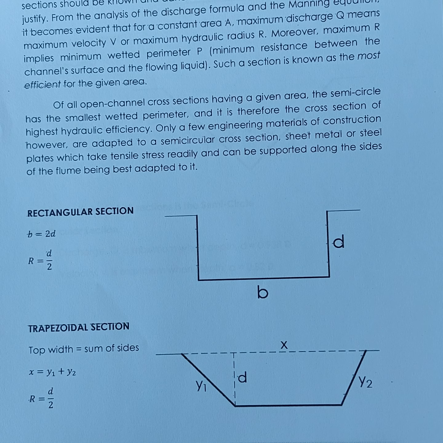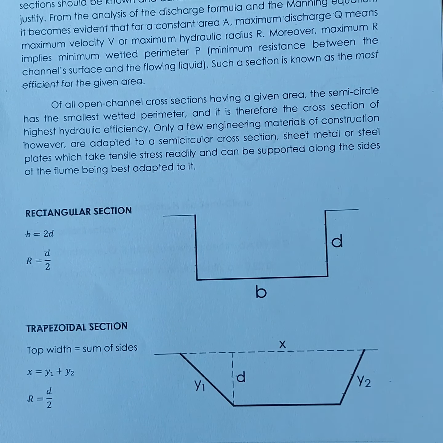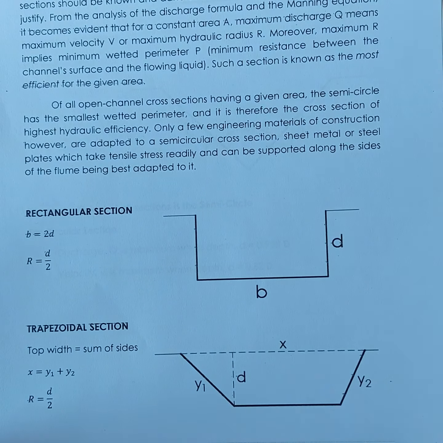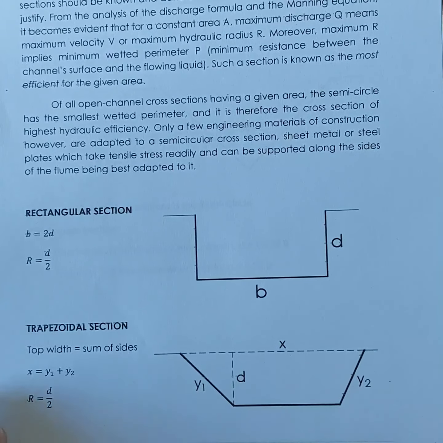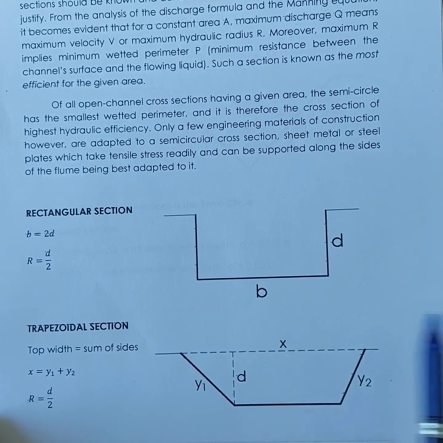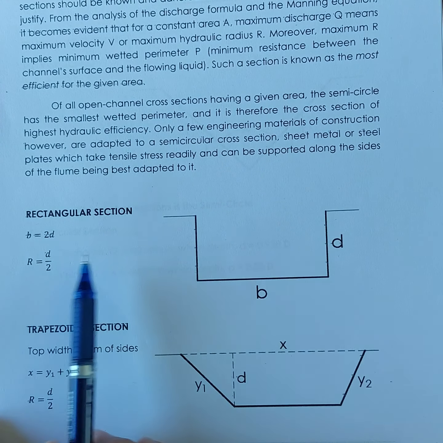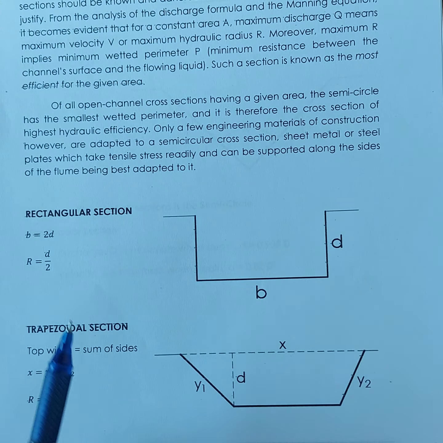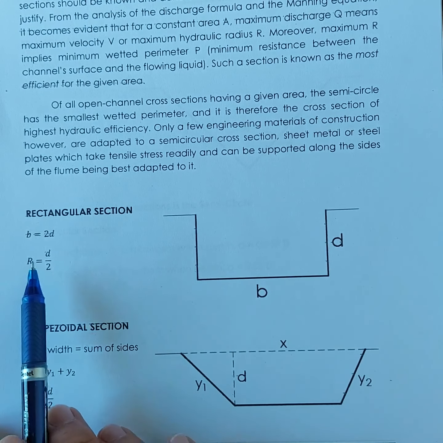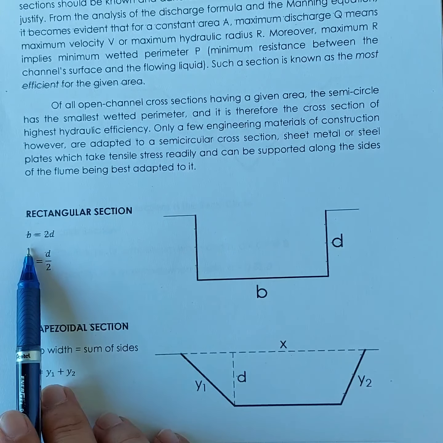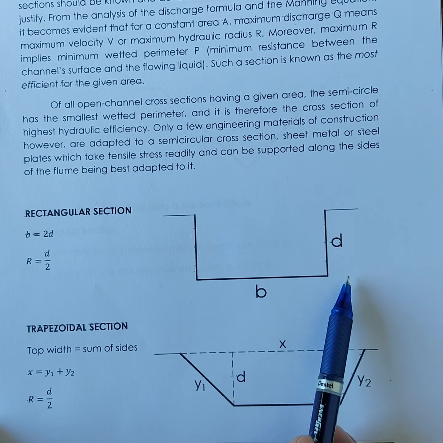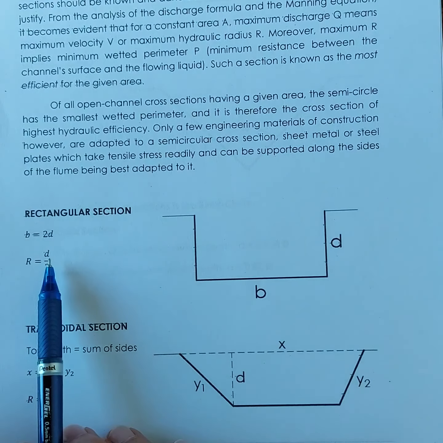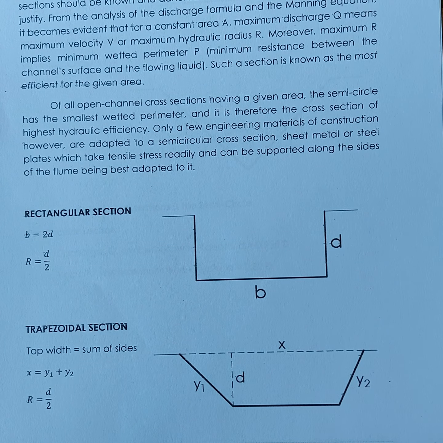I have already given in your modules the different conditions for every section. For a rectangular section, the cross section which has the greatest hydraulic efficiency is when the base of the rectangular section is twice the depth, or the hydraulic radius is equal to d over 2.